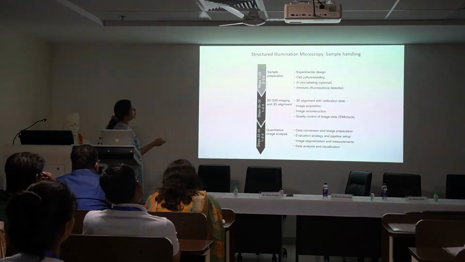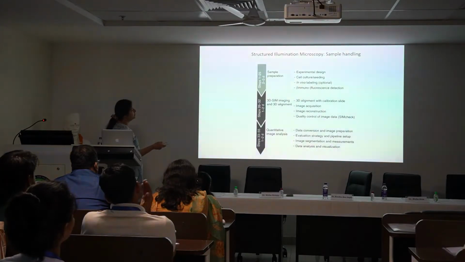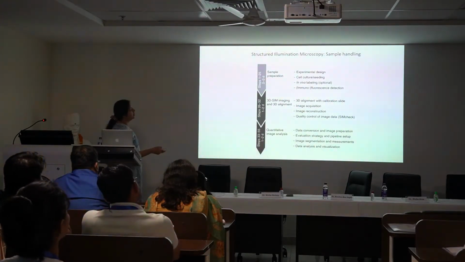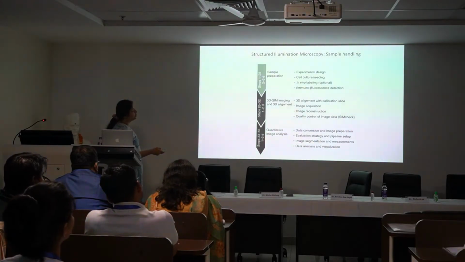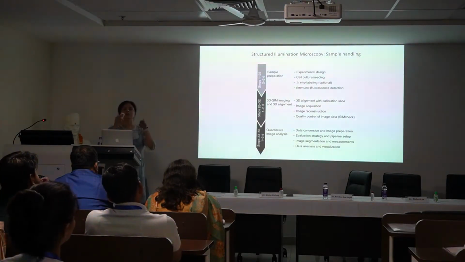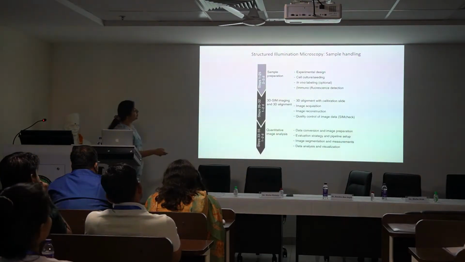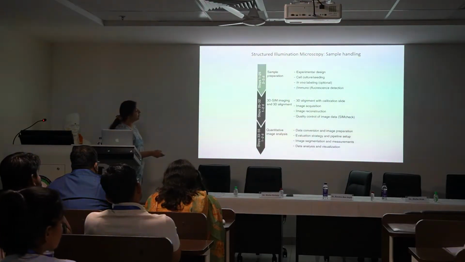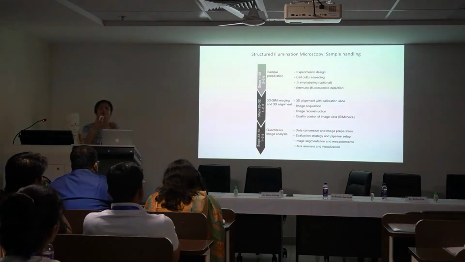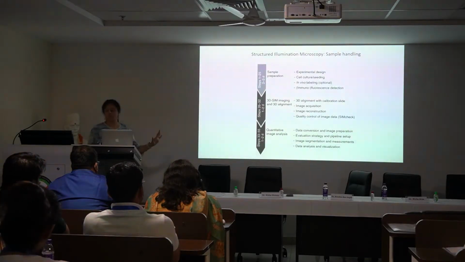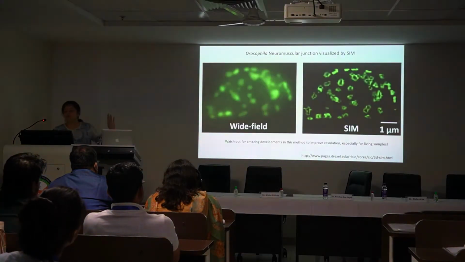In general, one would prepare the sample, either live or fixed. We image the sample, put all of these grids on it, look at the interference pattern, and then do an image analysis to localize all of the signals in a more precise manner to give rise to improved resolution. So there's something to watch out for in the future.